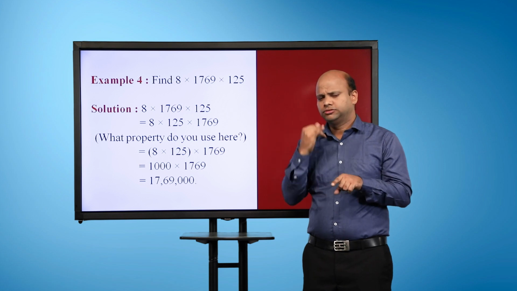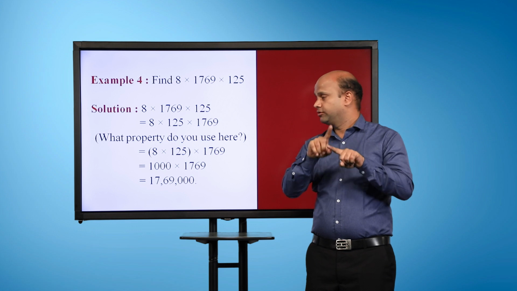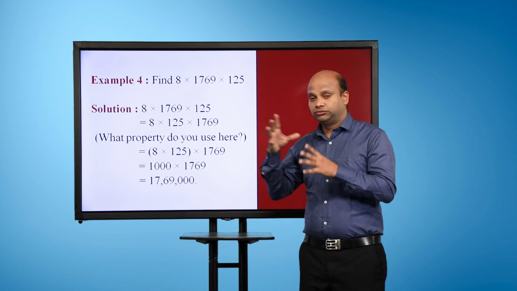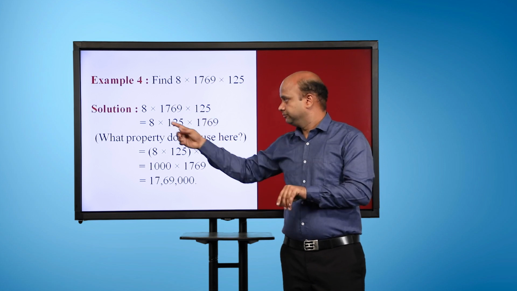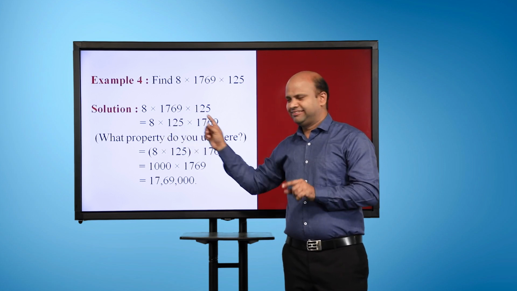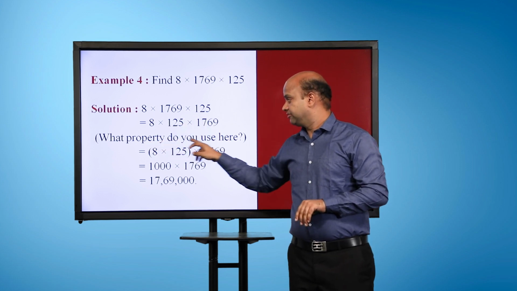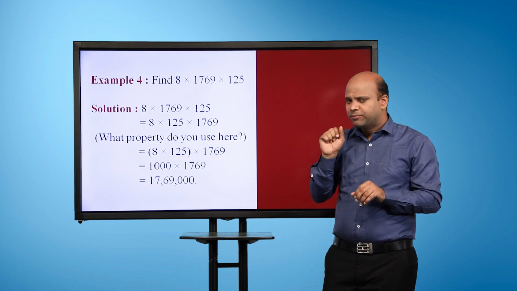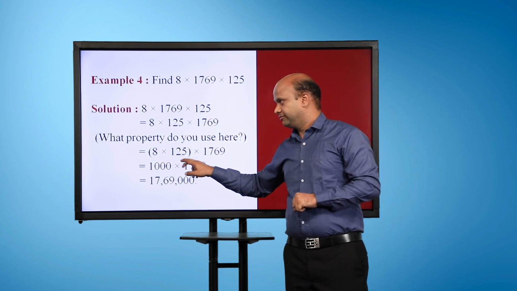Example 4. Find 8 multiplied by 1769 multiplied by 125. Solution. 8 multiplied by 1769 multiplied by 125 is equal to 8 multiplied by 125 multiplied by 1769. What property do you use here?